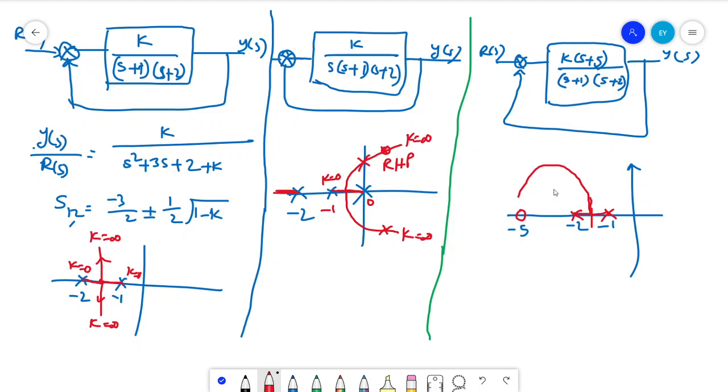Wait, I'll just pull it. One pole should definitely end at 0. It may come inside, and it should conclude at 0. And this side pole will start, come to this point, and reach towards infinity.